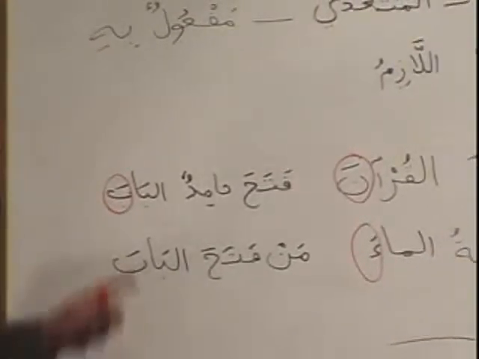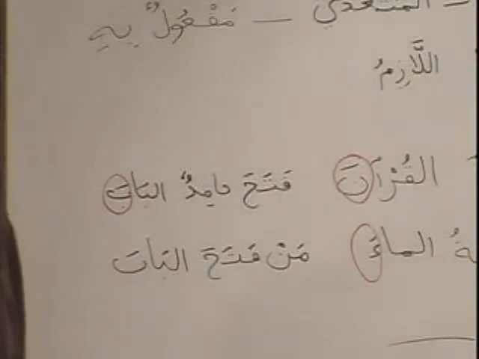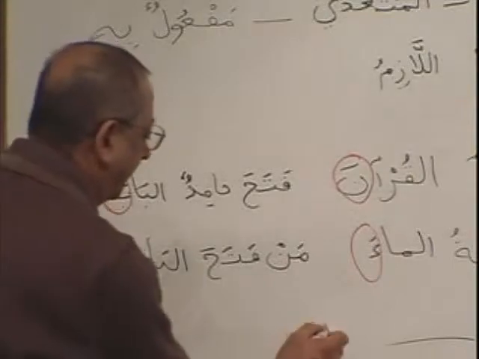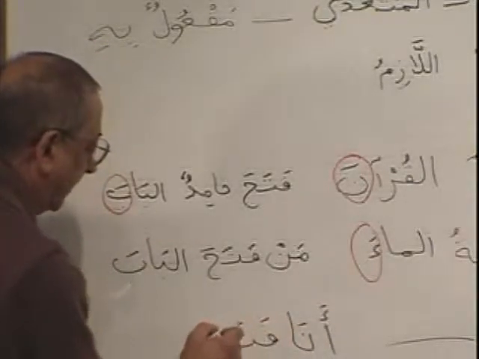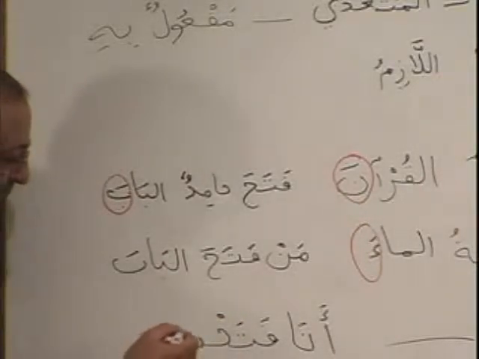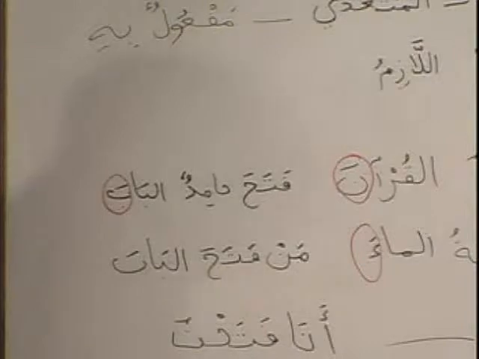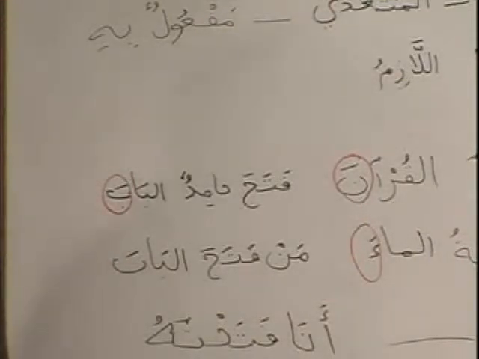See, now instead of, he can say Ana fatahtul baba, but instead the more suitable answer will be Ana fatahtuh. See, now fatah is your verb, tu is your fa'il, and then who is your, what is hu, brothers and sisters? Maf'ulun bihi. Got the idea?